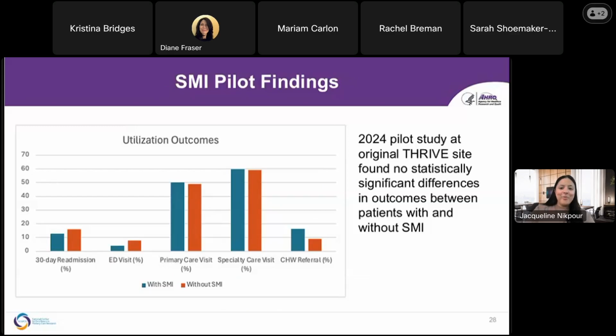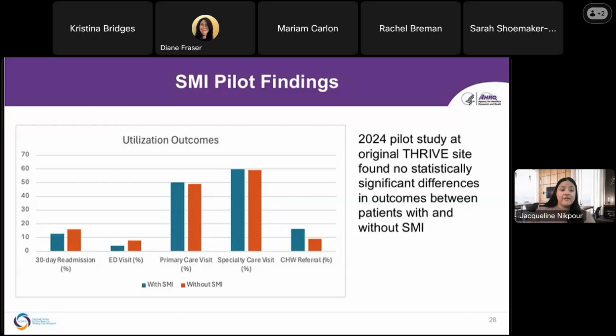Another key finding that we're hoping to replicate is among our serious mental illness subgroup. Again, this is where my focus is, as someone who has a background in psych. So here you can see we're comparing Thrive patients who live with SMI to those who live without SMI who also completed Thrive. And we're not really seeing any differences in Thrive patients who do and do not have a mental illness in terms of outcome differences with readmissions, ED visits, nor are we seeing any difference in primary or specialty care follow-up.